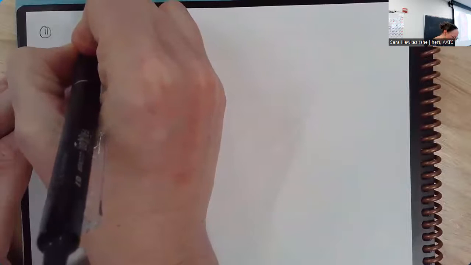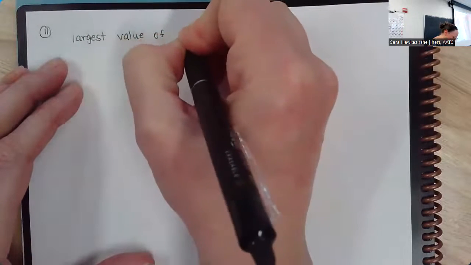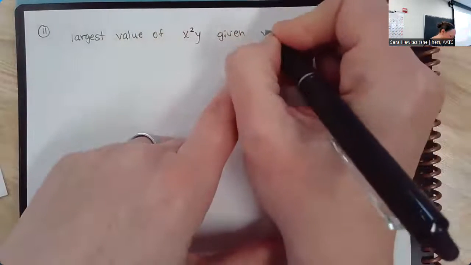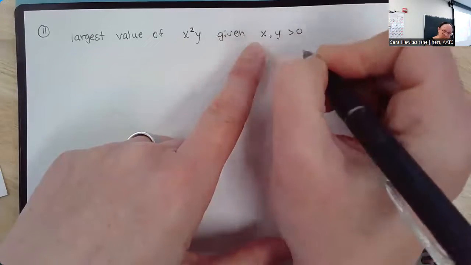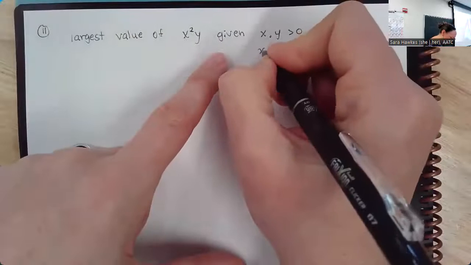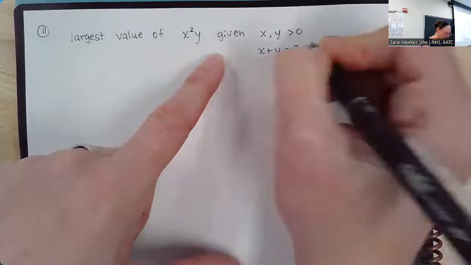So number 11 on my practice says that we're looking for the largest value of x squared y, given x and y are positive, and also that x plus y is equal to 30.